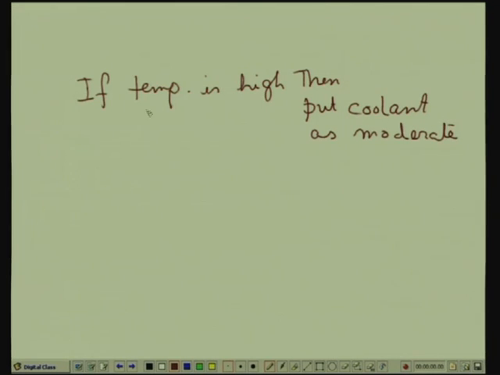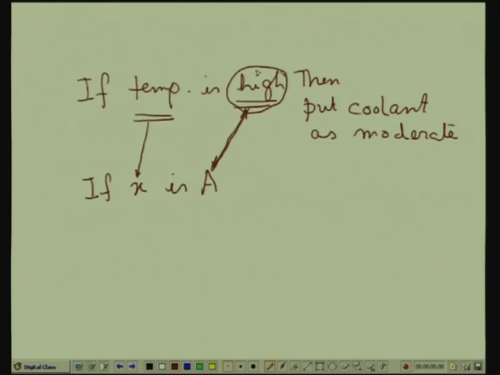Now, if I write this as: if x is A, now x is this linguistic term which takes a value from a fuzzy set A, and that fuzzy set A is the fuzzy set high.